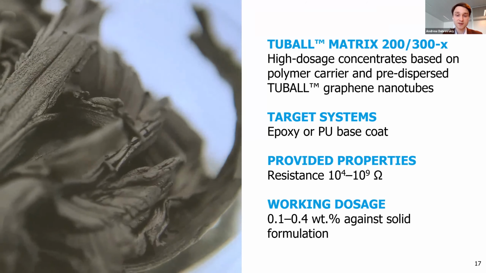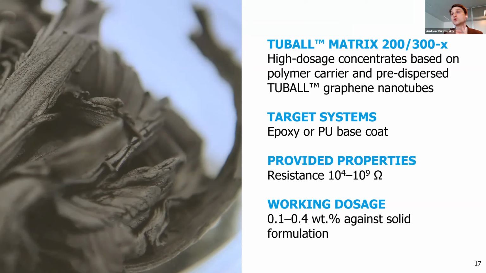Usually, these additives contain 90% of a carrier, which is compliant with epoxy resin, for example, or with PU resin. And the rest of the additive is carbon nanotubes. So 10% of single wall carbon nanotubes are homogeneously predispersed in 90% of the carrier. And it's very easy for you to work today with such additives.